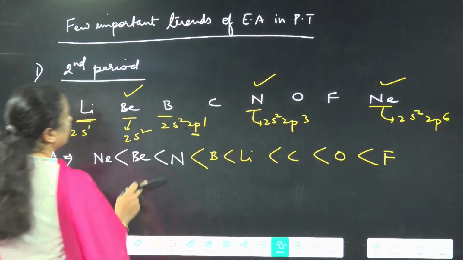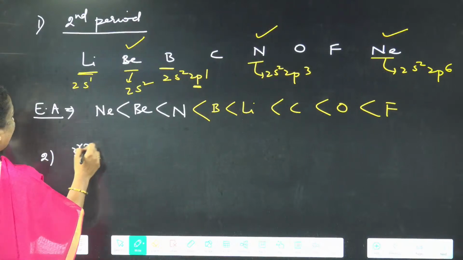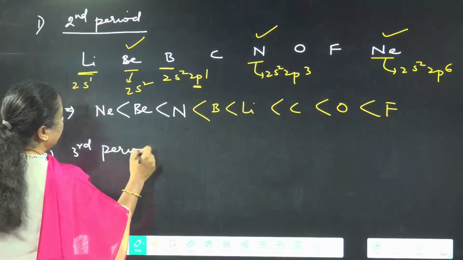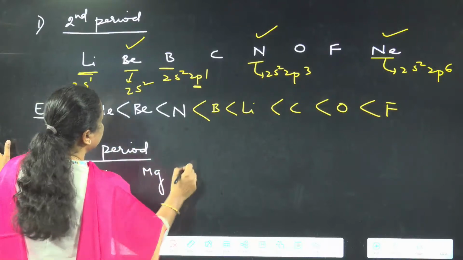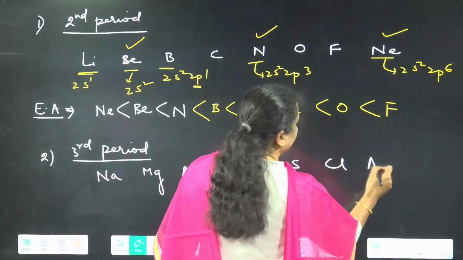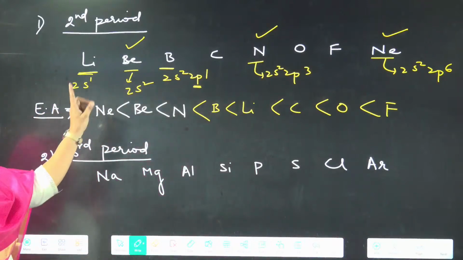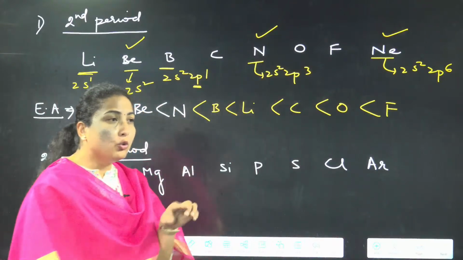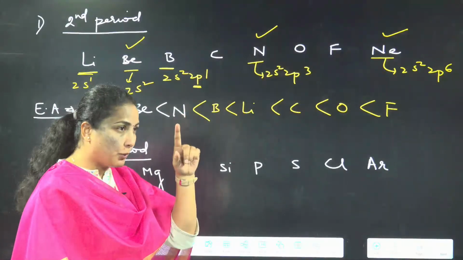Okay. Now, let us proceed further, which is for the third period. So you have sodium, magnesium, aluminium, silicon, phosphorus, sulfur, chlorine, and argon. Now in this case, I have just identified those elements for which the electron affinity was negative. For the rest of them, it was positive.